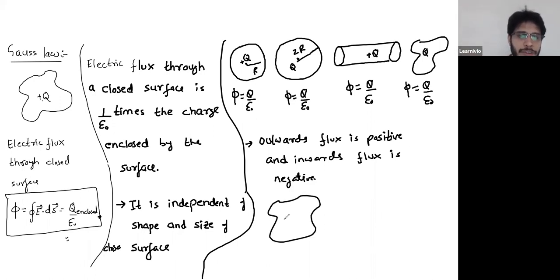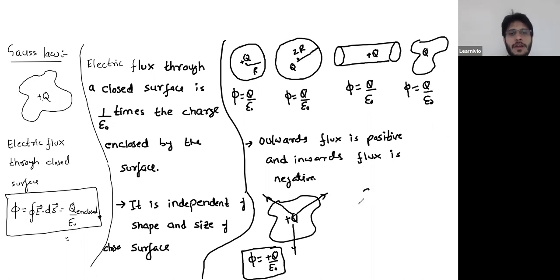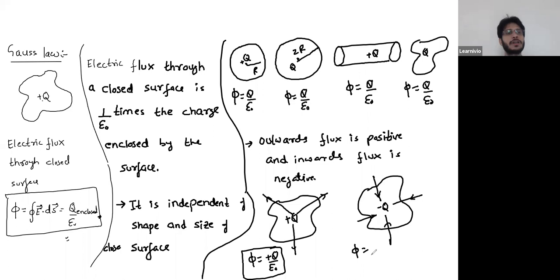So if I take a closed surface and put a positive charge, then electric field lines will move out of the surface. So the flux is simply plus q by epsilon naught. And if I put a negative charge here, minus q, then flux will enter. And this inwards flux is taken as negative. Flux will be minus q by epsilon naught. So, is it clear up to this point, or do you have some doubts?